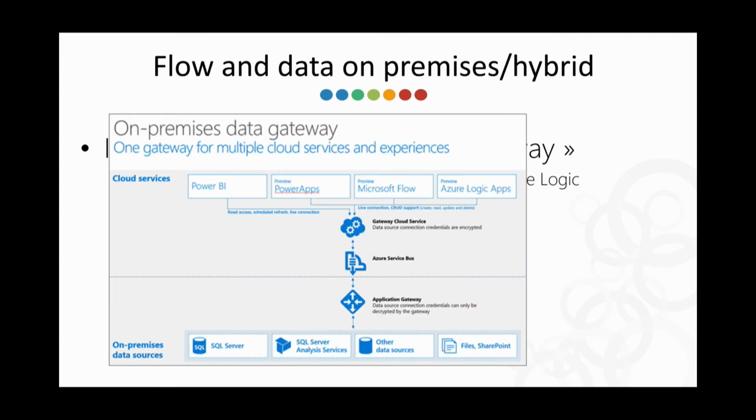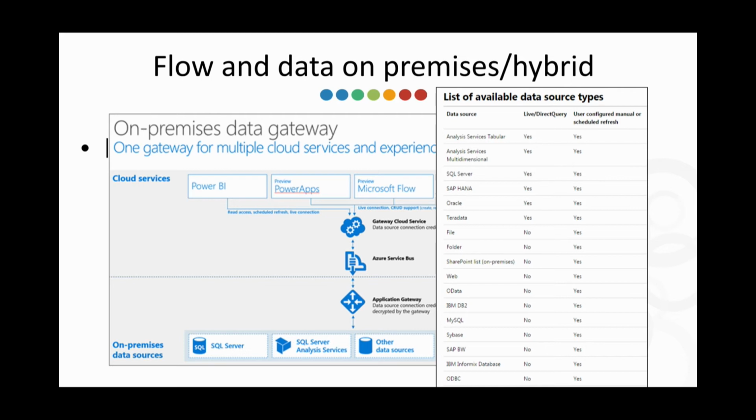Actually, it's a service we will run on premises, and it will act as a secure channel between the services in the cloud. I mean by that Power BI, Power Apps, Flow, and of course, Azure Logic Apps. And the beauty is that you don't need to expose your on-premise data source. It's the data gateway that will do the job.